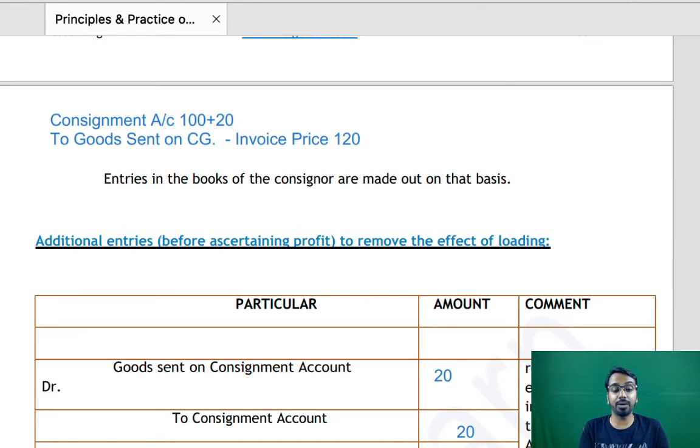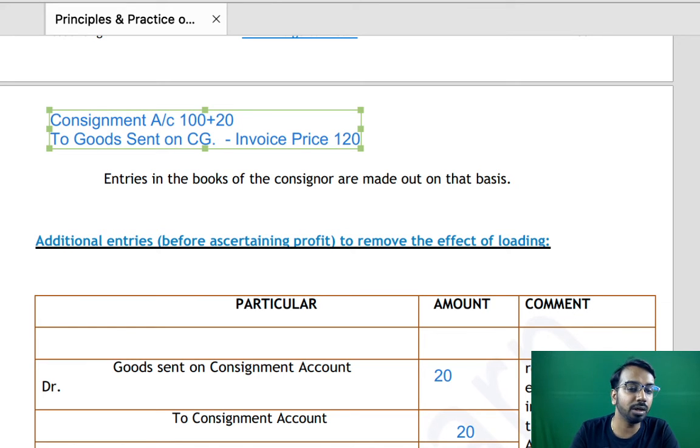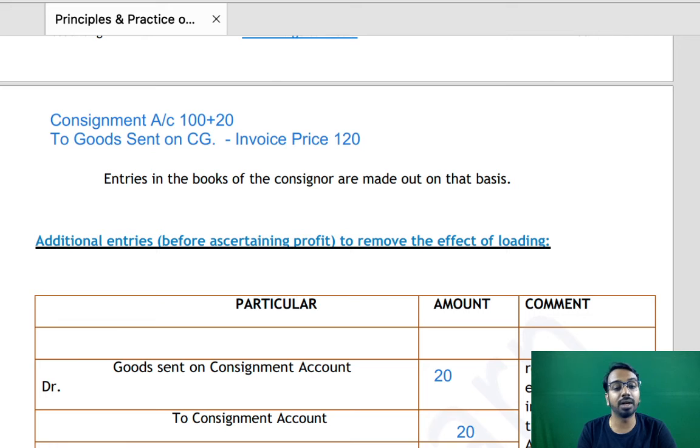Similarly, when it comes to valuation of inventory, I was mentioning that inventory will be valued at cost, but you will use invoice price as the basis to value the inventory. Now, when you use invoice price as the basis of valuing inventory, this extra 20% which is there, which is not yet a realized profit, that will be credited to something called as inventory reserve account. For example, in this case, let's say 10% goods are unsold.